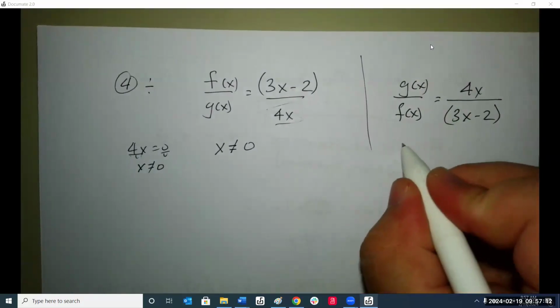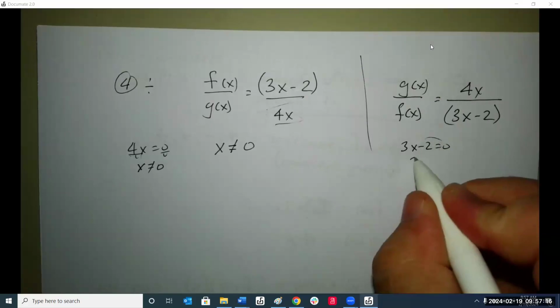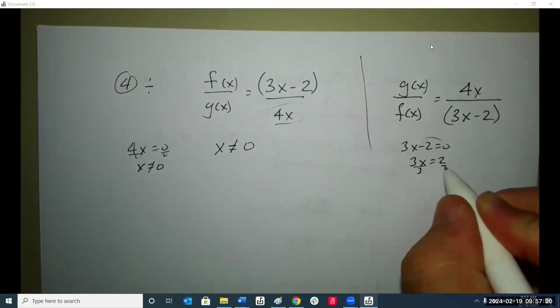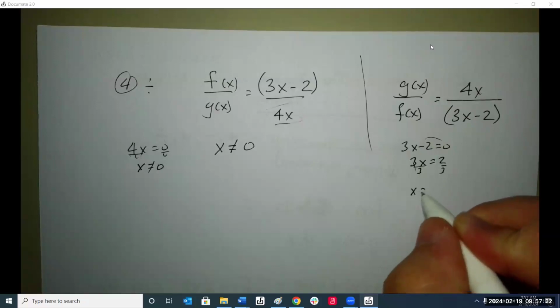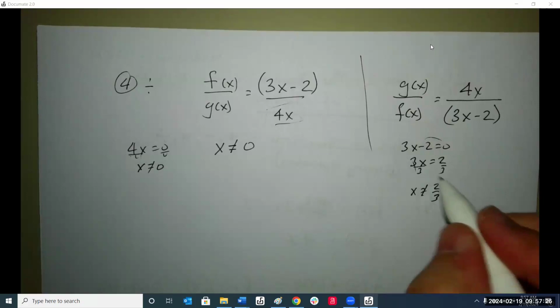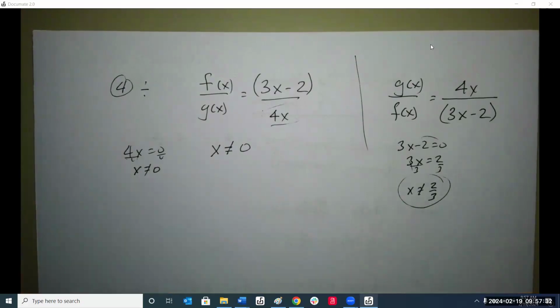On this one, 3x minus 2 equals 0, so 3x equals 2, divided by 3, x equals 2/3. So x cannot equal 2/3 because if it equals 2/3, then the bottom is 0. The only thing different now is you have a restriction on what you can use.